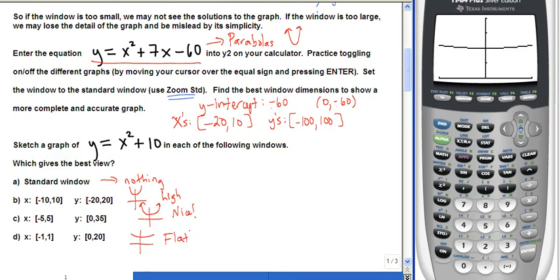So that would be a little misleading. It almost looks straight. It doesn't seem to have that nice parabola shape that we would expect to see with an x squared plus 10. So the best window choice would probably be option C, negative 5 to 5 and 0 to 35.